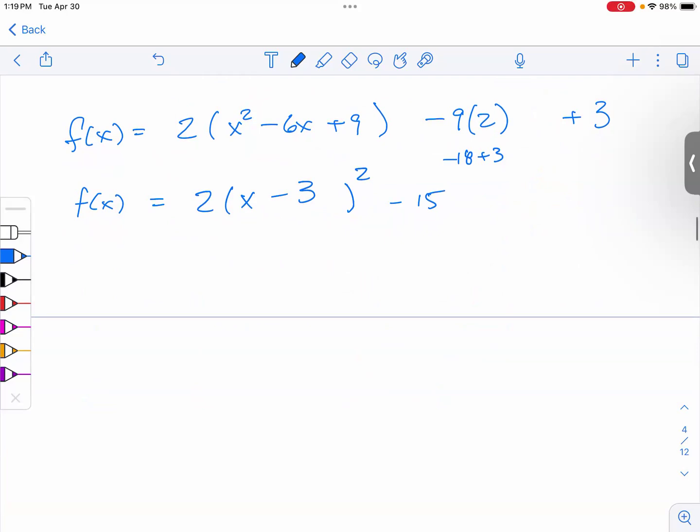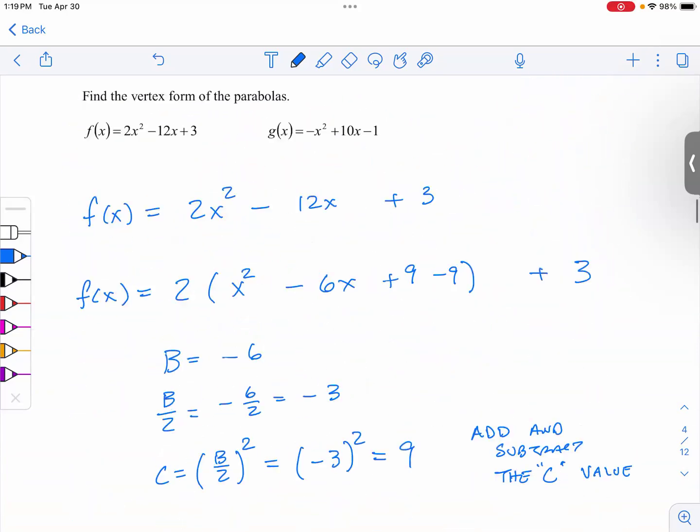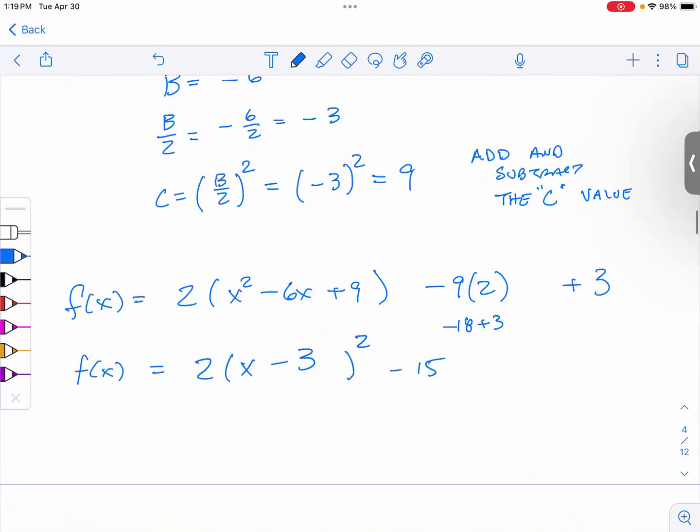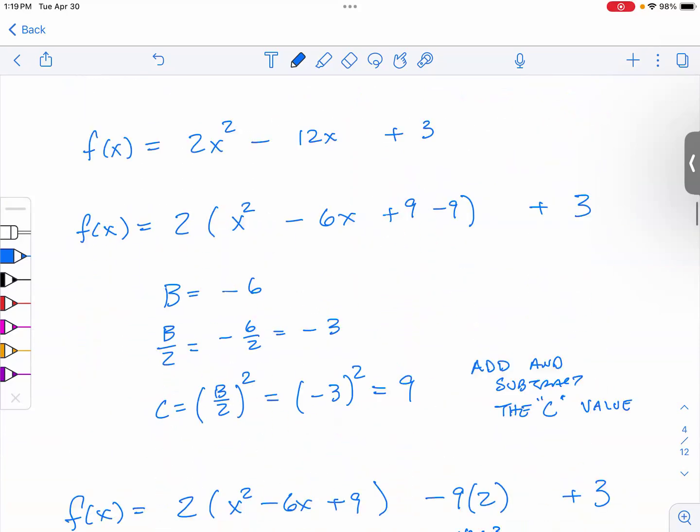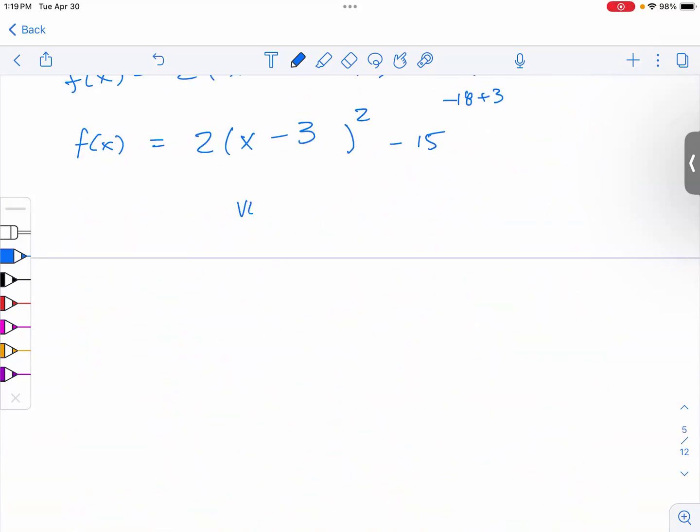So I want to graph these. Oh, we're just finding the vertex. So the vertex is, what is the vertex here, Charlene?